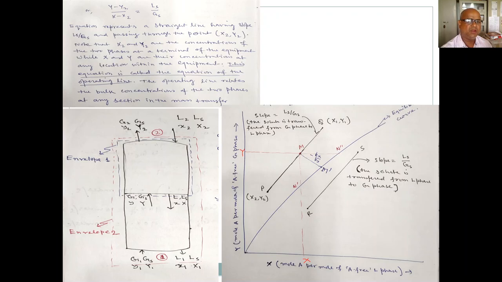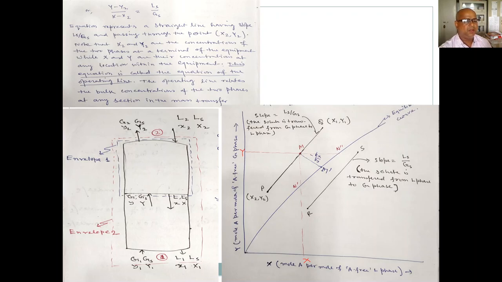So first you draw this equilibrium curve, which is always required in mass transfer equipment. Your first work will be to draw this equilibrium curve.